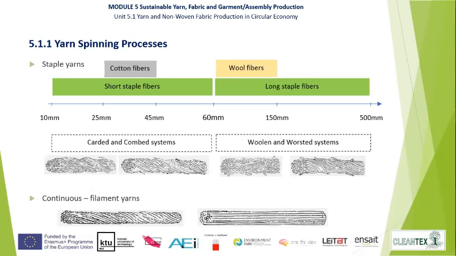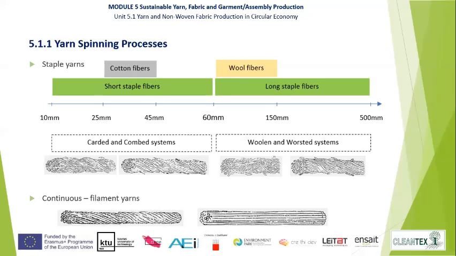So first of all, the yarn spinning processes. We can divide the yarns into two big families, the staple yarns and the continuous or filament yarns. The staple yarns are made of fibers. The fibers are between 10 millimeters and 500 millimeters long.